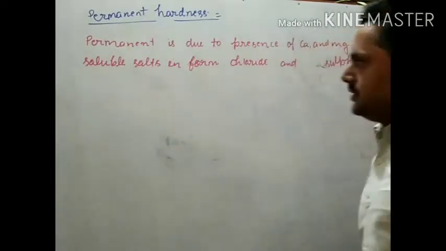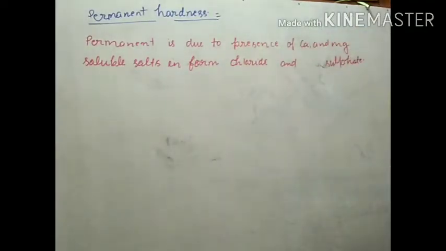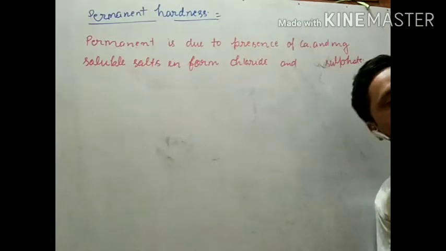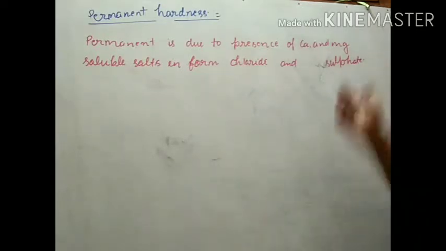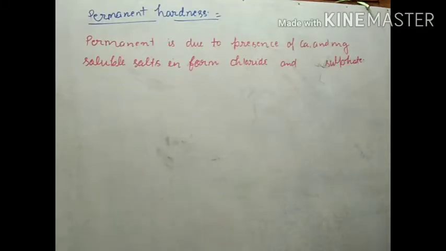Chloride and sulfate. So what causes permanent hardness? Calcium and magnesium salts in the form of chloride and sulfate present in water cause permanent hardness.